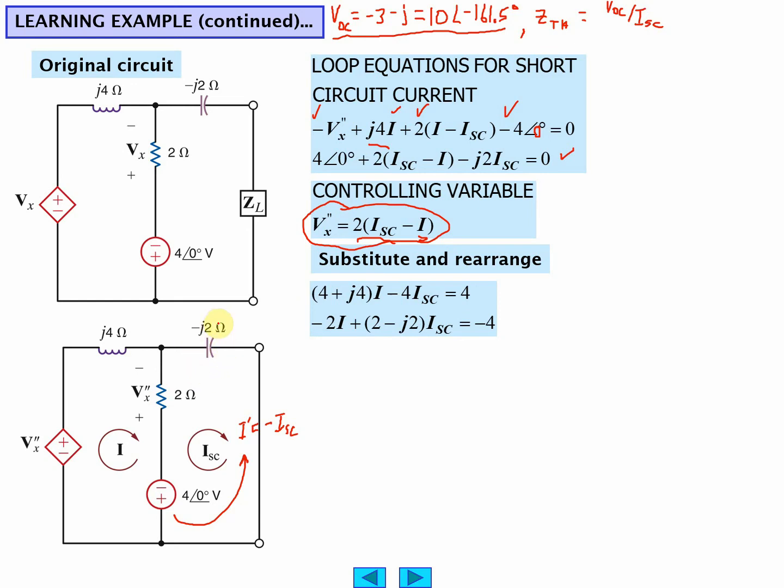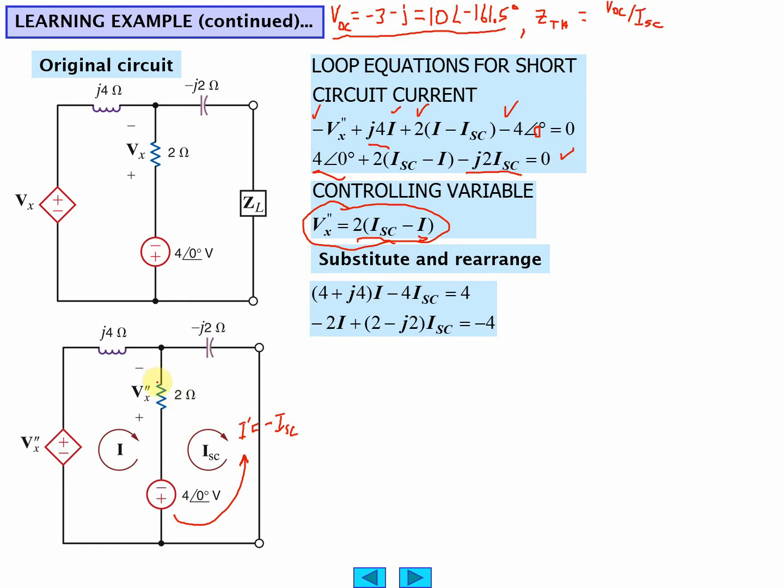negative I prime times 2, and then I have to put in another negative to get this term right here. And then the ISC and the I would both be in the same direction.